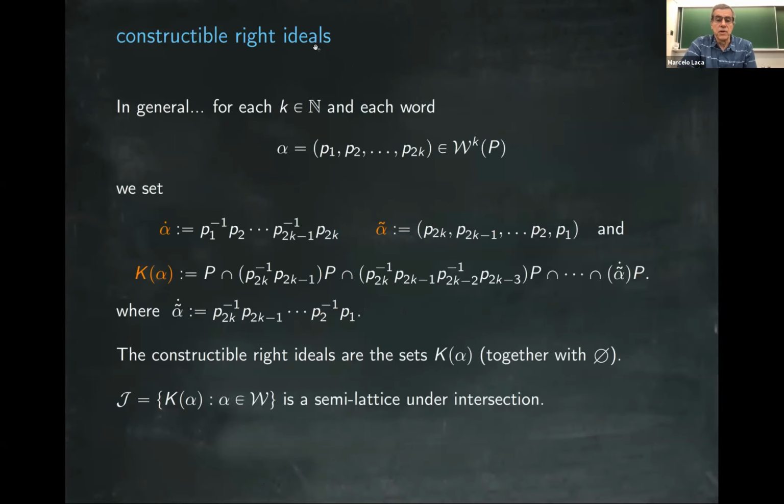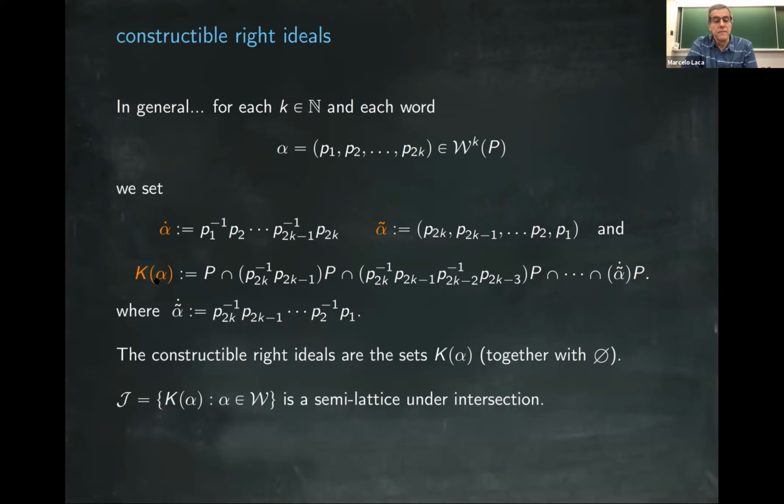So what are constructible right ideals in general? Well, in general, for each K, you take a word of length K on P. So you take a sequence P1, P2, up to P2K. In reality, it's the length 2K because we have alternating signs. And you define alpha dot to be the multi-fraction or the left quotient, which is the first one has an inverse, the second one doesn't, and you alternate inverses. So it's P1 inverse, P2, P3 inverse, P4, etc. You define alpha tilde to be the reverse word.